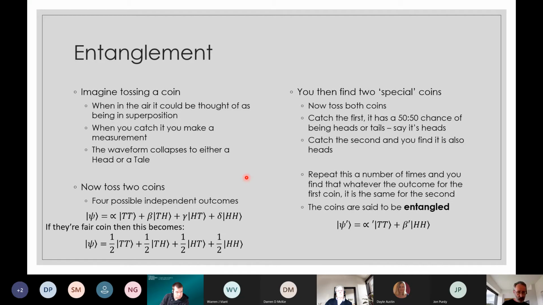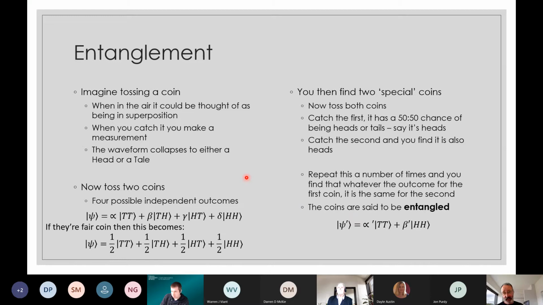That in itself is a bit odd, but maybe you could create some coins that did this. It gets weirder at the quantum level, because if you can entangle, say, two photons, and you took one photon to Mars in its entangled state and kept one on Earth, if I look at my photon and measure its polarization, and I get that it's vertically polarized, and you, an instantaneous time later, looked at your photon that's been entangled with mine, you'll find it's got the same polarization.